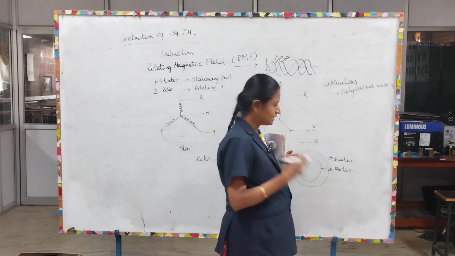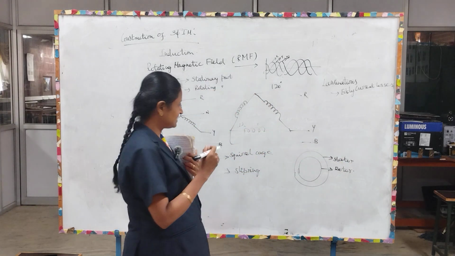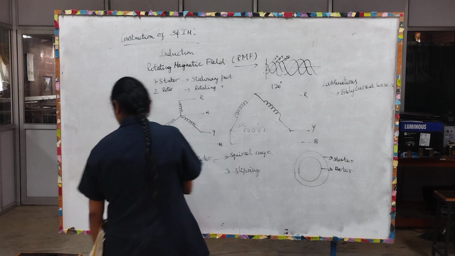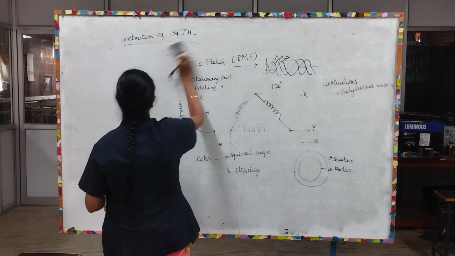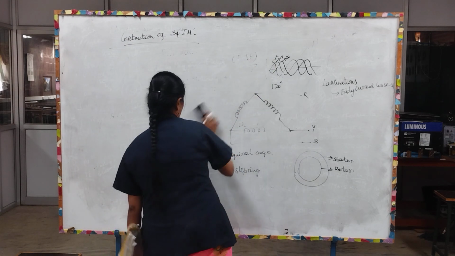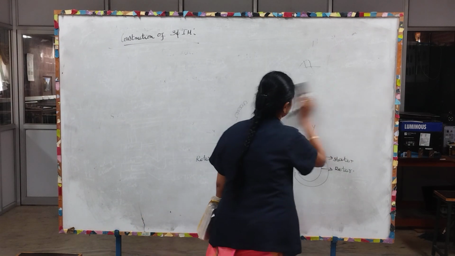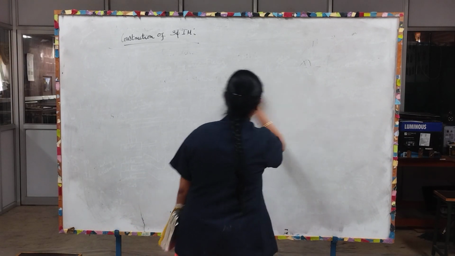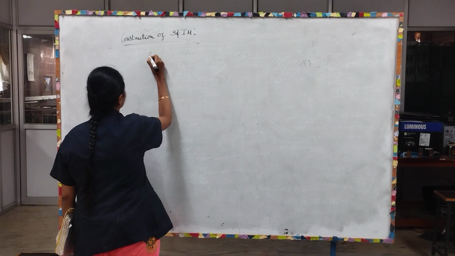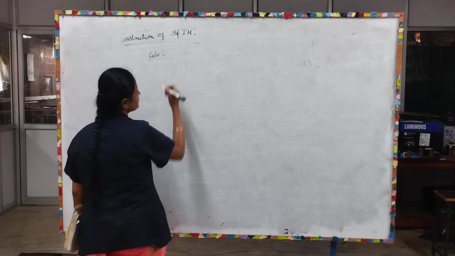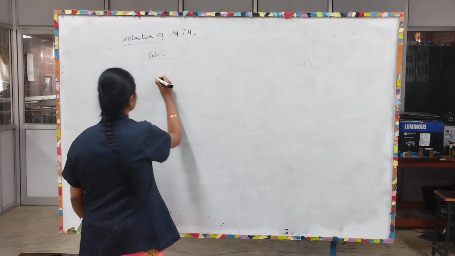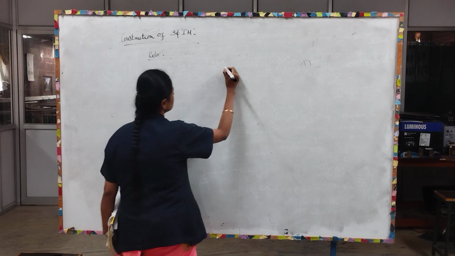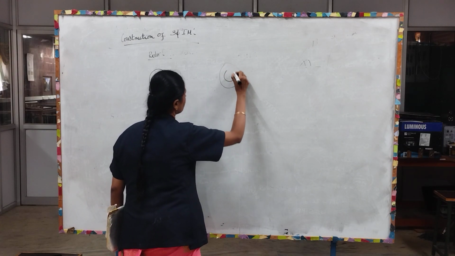To protect these parts we have an outer covering, that is the casing, and then the rotor. The rotor is placed inside the stator. So here we have the squirrel cage type rotor. Why are we calling it a squirrel cage type rotor?